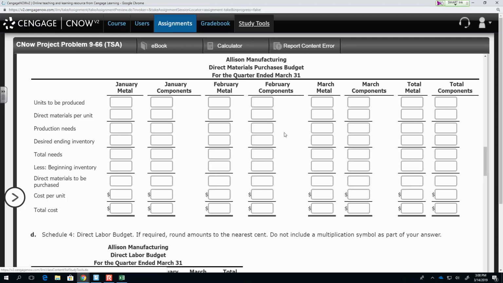Or if you do like this scenario where you want January metal and component to be together, you can do it this way too. But for me, this seems a little more confusing if I were looking at this report. I would like to see metal on one schedule and then components on a different one. You don't have to create two worksheets. You can if you want to, but keep them on the same worksheet, just split them. Make sense? Any question on that?